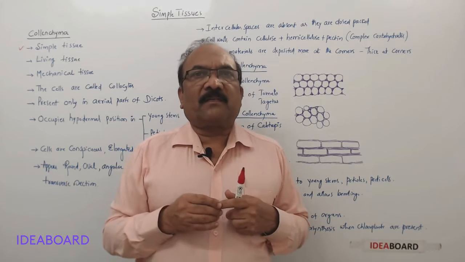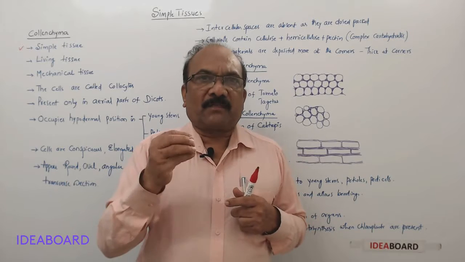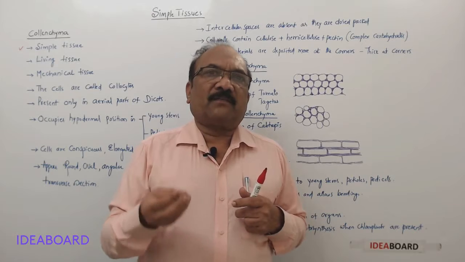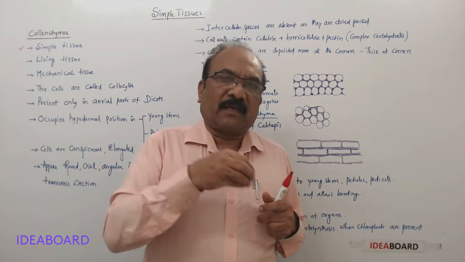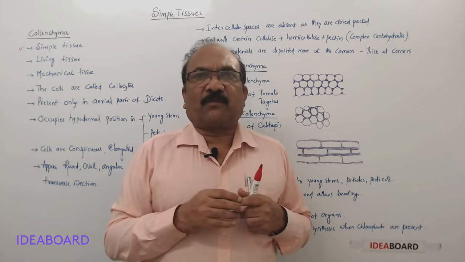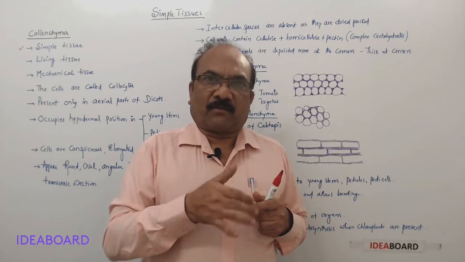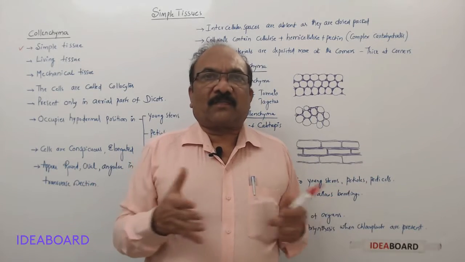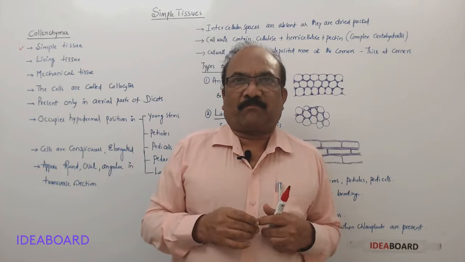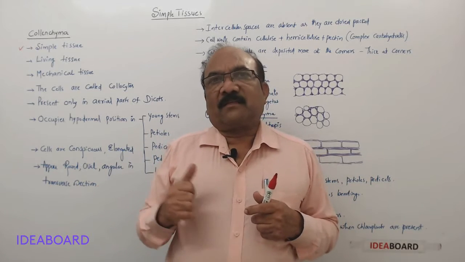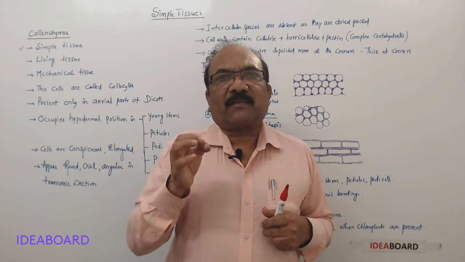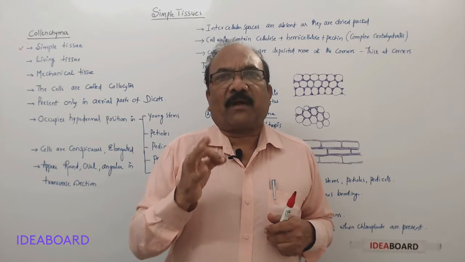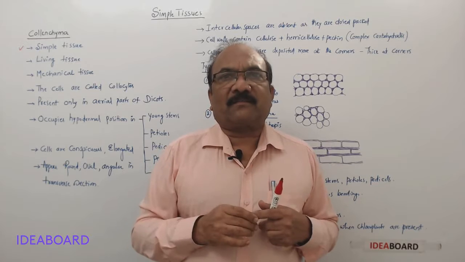That means it is present in algae, bryophytes, pteridophytes, gymnosperms, and angiosperms, and among angiosperms, in dicots and in monocots. So, no exception for the parenchyma. But this collenchyma is exclusively present only in the aerial parts of dicots.